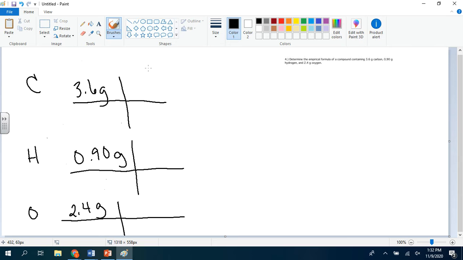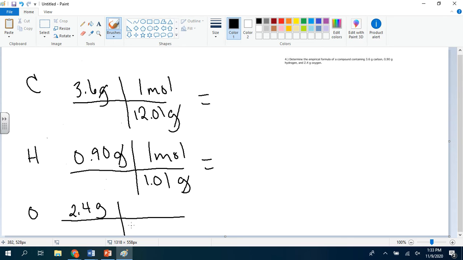Step 2 is to convert them all to moles. Okay, so carbon's molar mass is 12.01 grams. Grams cross out. Remember, this number comes off the periodic table. It's the decimal on there. Okay, in 1 mole. Okay, for hydrogen, it's 1.01 grams in 1 mole.